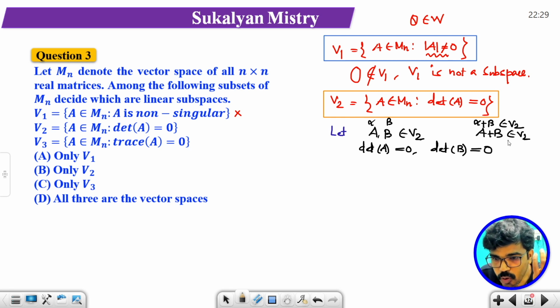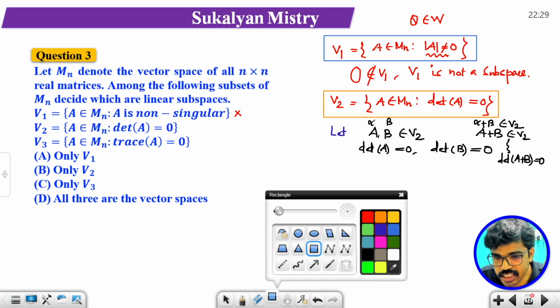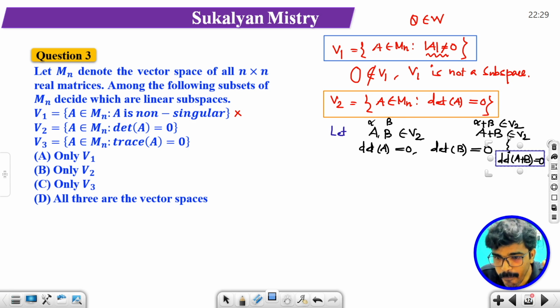If we can show that determinant of A plus B is equal to 0, then we say A plus B belongs to v2, right? If we can prove determinant of A plus B is equal to 0, then we conclude that A plus B belongs to v2.